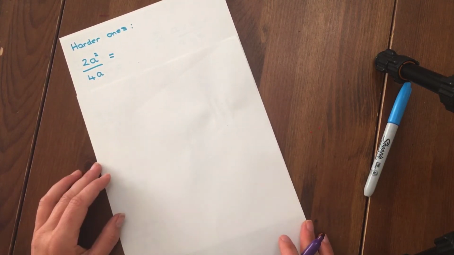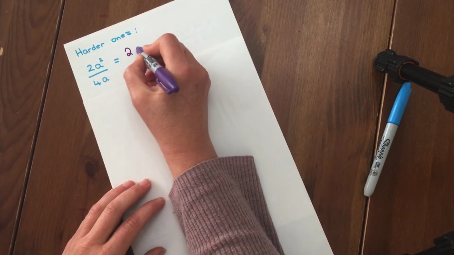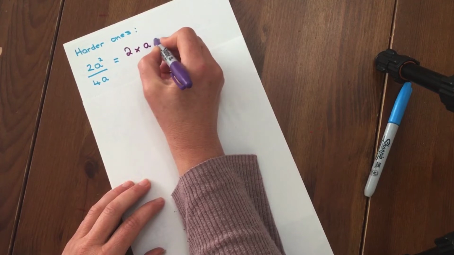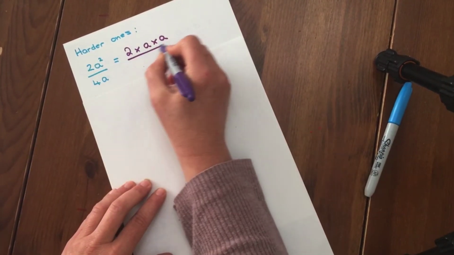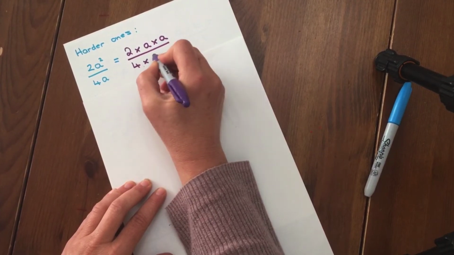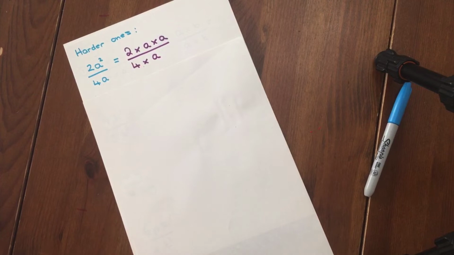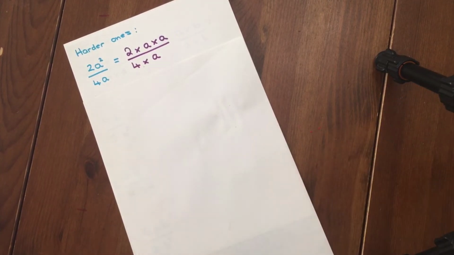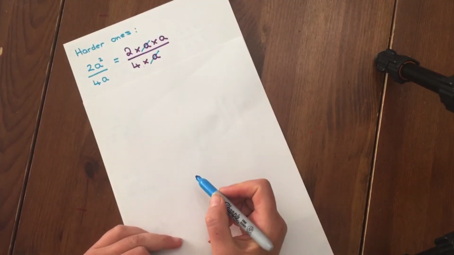So, what I want to do here is, first of all, split my A squared. We know A squared is A times A, and 4 times A on the bottom. Now when I cancel, and if I use a different colour here to cancel, I've got an A on the top and an A on the bottom.